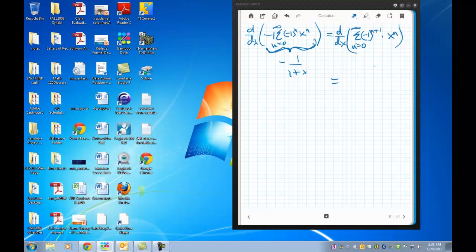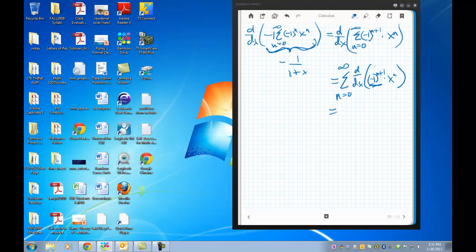Well, the derivative of a sum is the sum of the derivatives, right? So I could just go n equals 0 to infinity of d over dx of negative 1 to the n plus 1 times x to the n. Well, again, just like I said before, notice I'm taking the derivative with respect to x. If it doesn't have an x in it, like say this guy, then I don't worry about it.